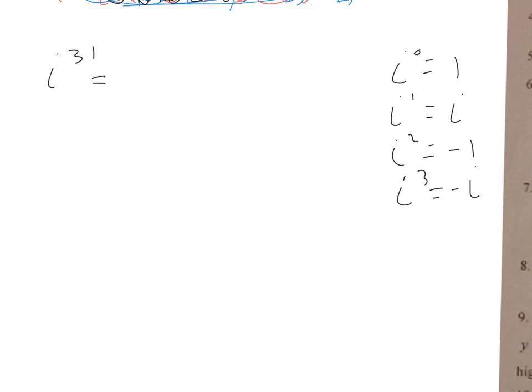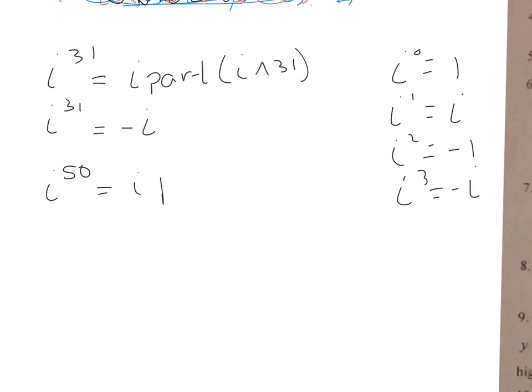So i to the 31, you can plug that into your calculator, you do i part, and then you type in i caret key 31. So i to the 31 gives you negative i. All right, now we want to do i to the 50.